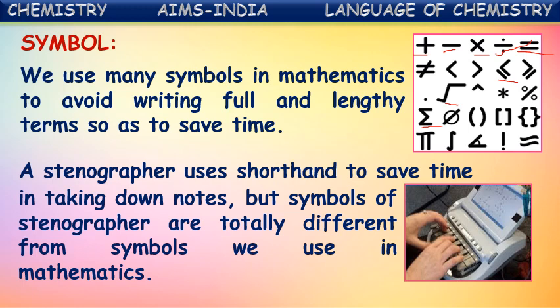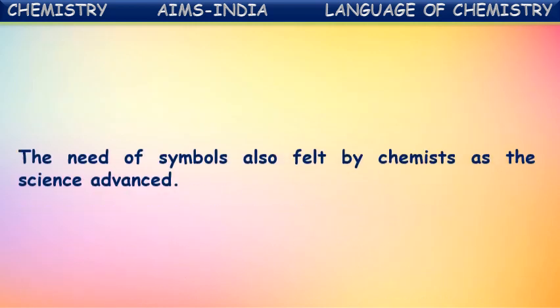What the stenographers and the media people use, we don't know. Those are the symbols of shorthand notations. That is also called a symbol, but these shorthand notations are different from the mathematical symbols we use. Again, learning that shorthand is a separate course.